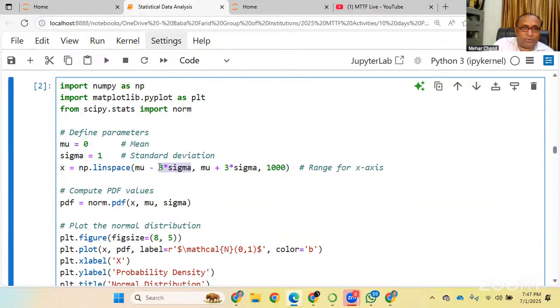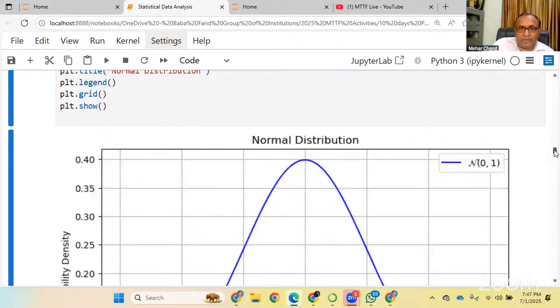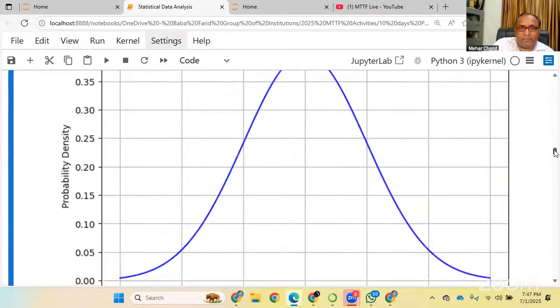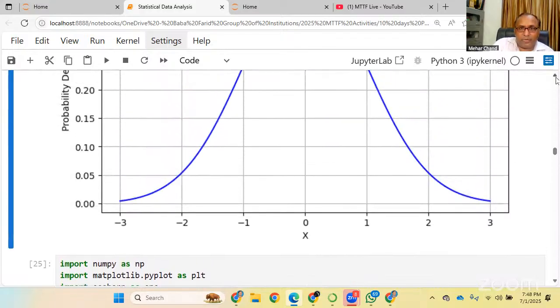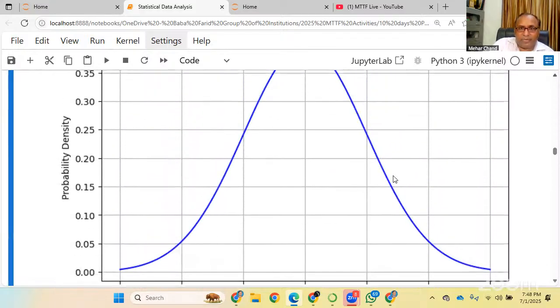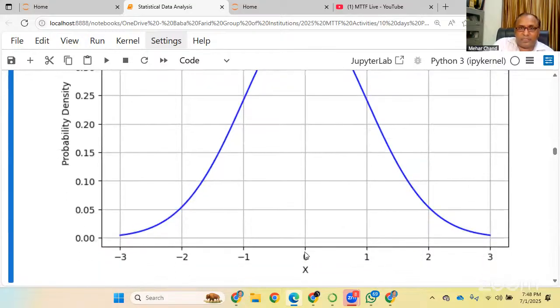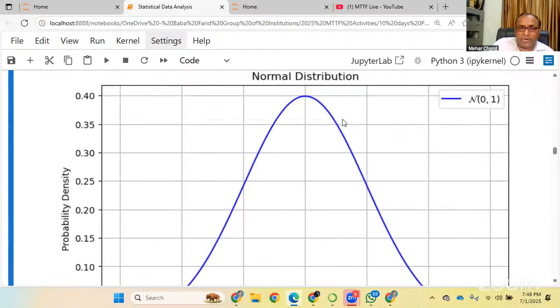So the interval according to these values is -3 to 3. This is the normal distribution, and it will always be symmetrical about the peak point. We took the mean as 0, so this is symmetrical about this line, and this is the peak point.